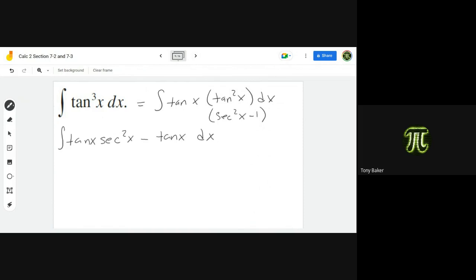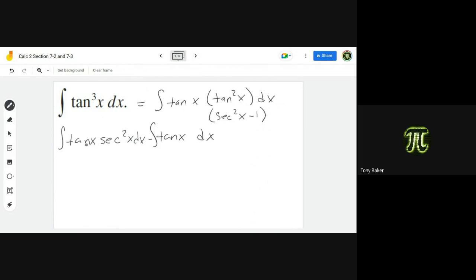I now have two integrals, because I can easily do the integral here and here. Okay, so let's look at this as two separate integrals.